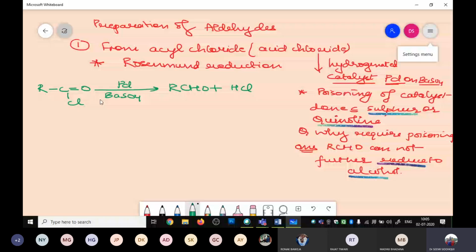So it will give me CH3, CH2, CHO plus HCl. Now remember that here we have two carbon atoms of whatever group you take, and this carbon atom is of the acid chloride group. So when you produce an aldehyde, you will get 3 carbon atoms.